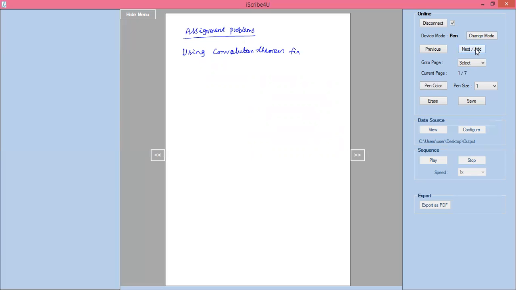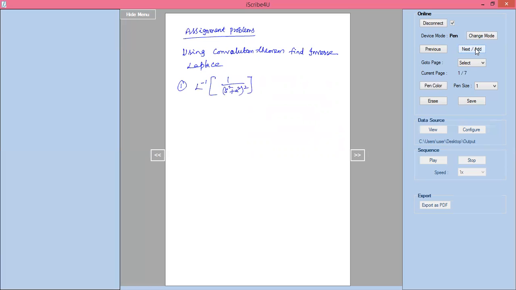Find inverse Laplace. L inverse of 1 divided by s square plus a square whole square. This is the first one.